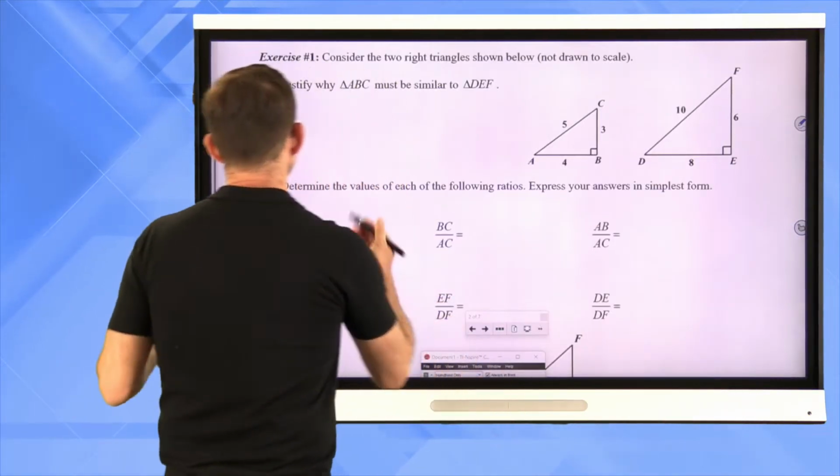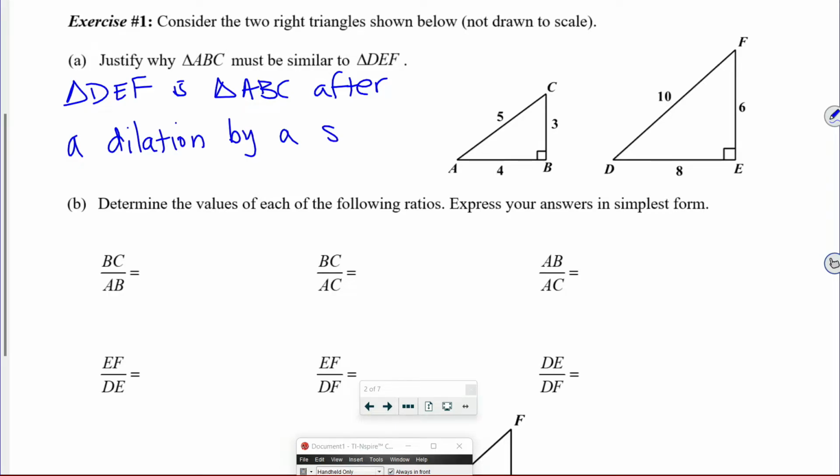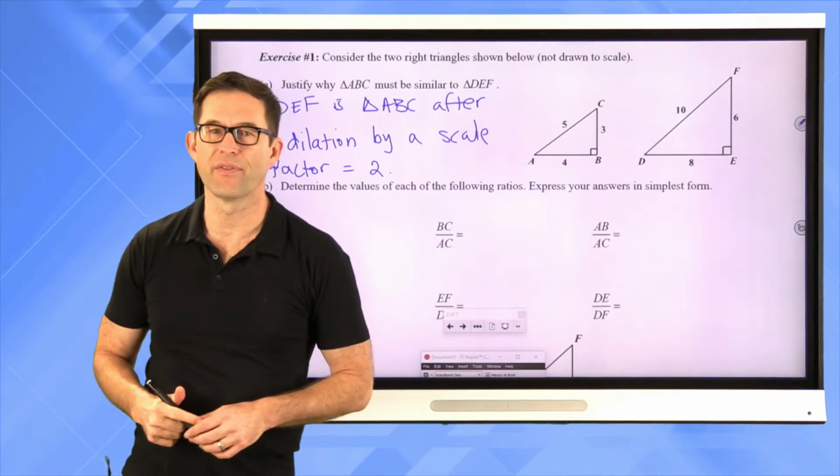So I'm just going to say triangle DEF is triangle ABC after a dilation by a scale factor equal to 2. So they're similar. It's really the side-side-side theorem.